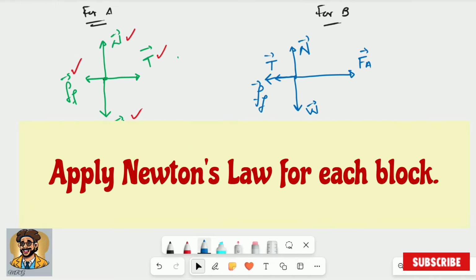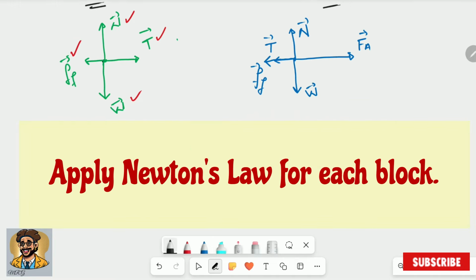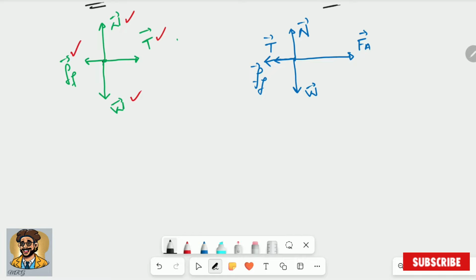We're looking for acceleration. We are going to apply Newton's law on each of them, separately. So we start with Newton's second law for A, and we say F net is equal to ma. I'm applying Newton's second law because the object is accelerating. They're asking to calculate the acceleration. And because the object is moving along the x-axis, I'm working in the x-axis.